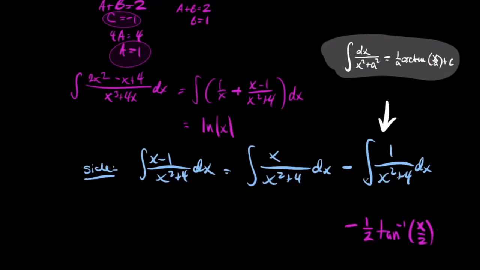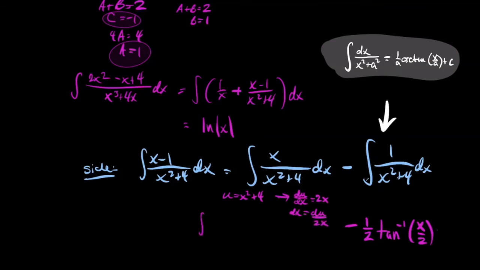And then for this first one, that would be a u substitution. So u would be x squared plus 4, which means that du dx is 2x. So if we solve for dx, it would be du over 2x.